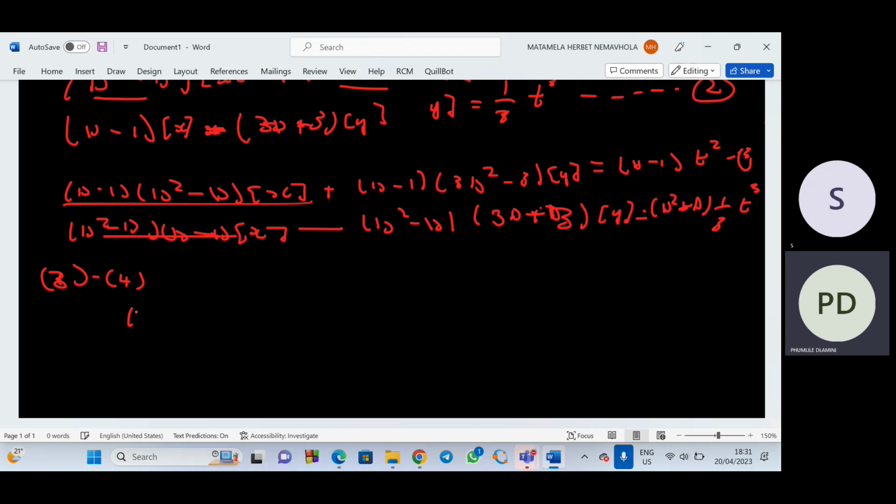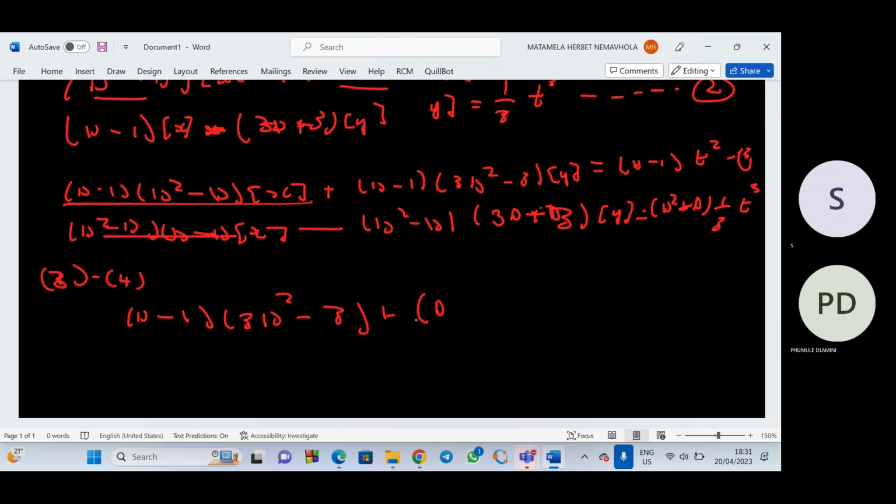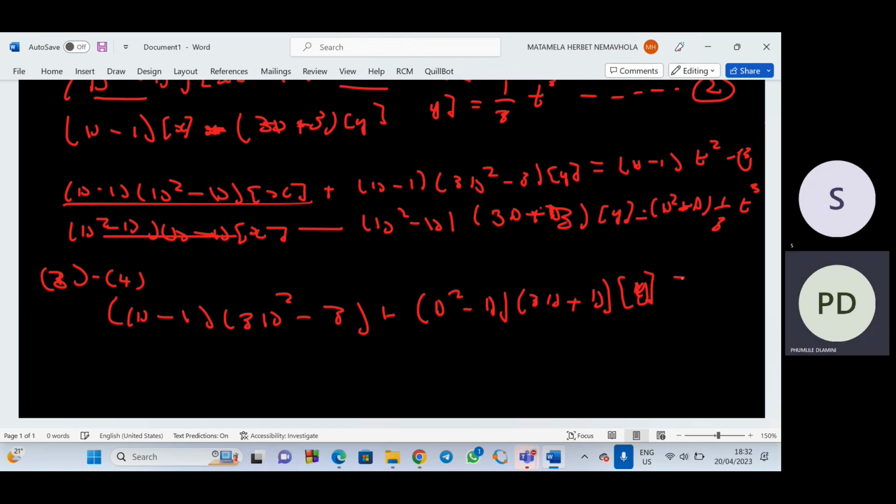So it's going to say (D minus 1)(3D squared minus 3) plus (D squared minus D)(3D plus D), which is for the side of y. Everything here is for the side of y, equal to this one minus this one there.